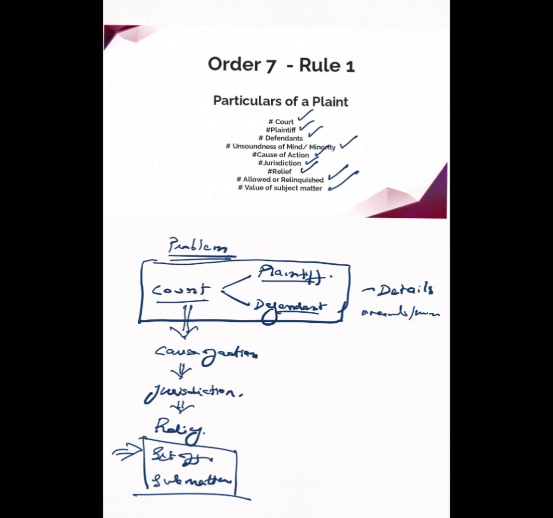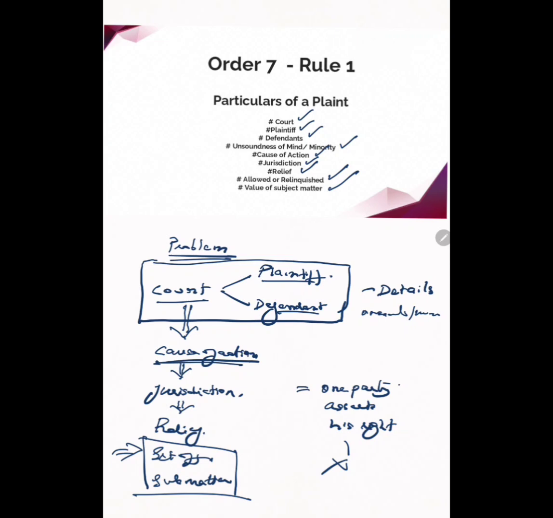Now, when we are at this point, I would also like to let you know what a cause of action is. A cause of action is when one party asserts his right and someone else objects to the same, or rather denies that right.